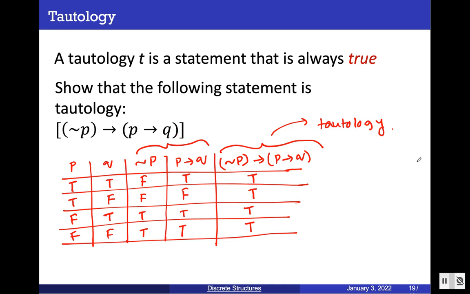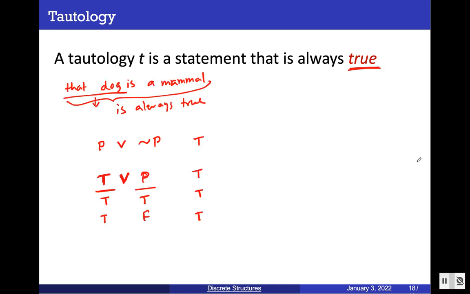So a tautology is nothing, just a statement that is always true. For example, here, p or not p is always true. Or if we have a statement which is a tautology, that means it is always true, and if we do an or with any kind of statement, that will also give us true, meaning that will also be a tautology.